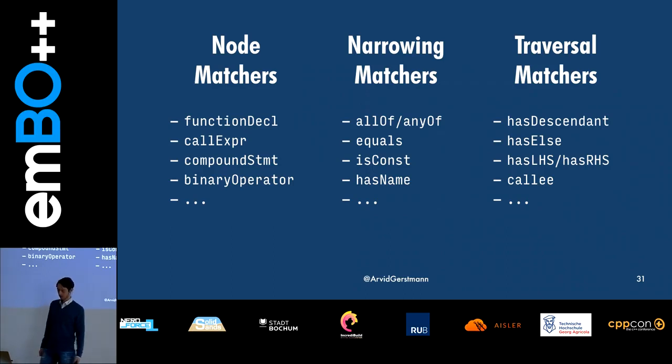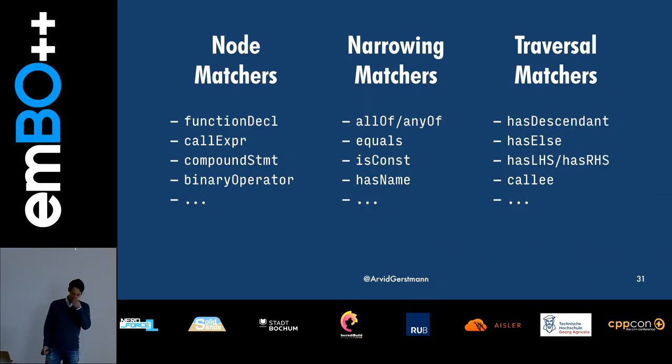And we have hasElse, which is matching the descendant nodes of an else in an if statement. hasLHS and hasRHS, short for left-hand side and right-hand side, match the right-hand side or the left-hand side of an operator. We will use that with the previously mentioned binaryOperator. And for example callee as well, which is matching the callee of a call expression, used to find an explicitly named function call.